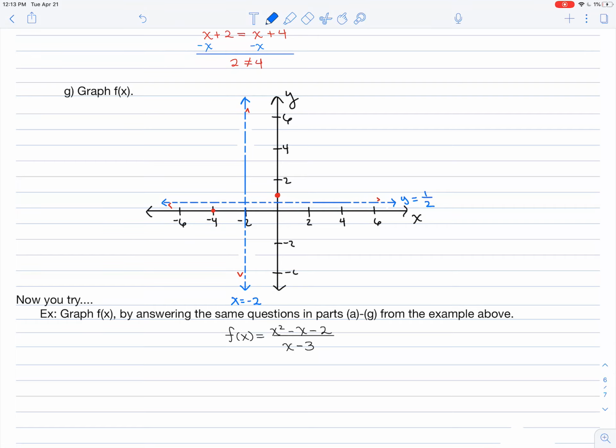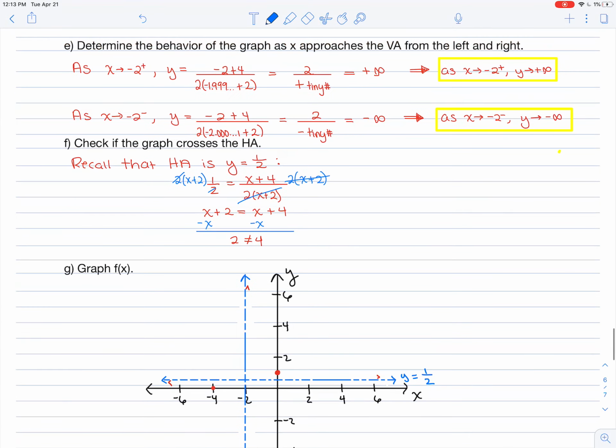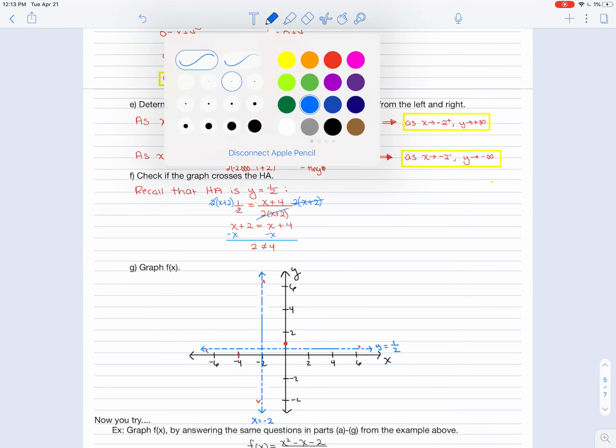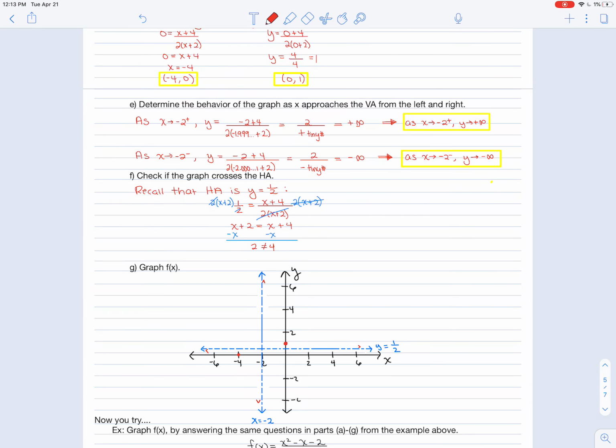I also drew our intercepts just so you know where our graph crosses. The y-intercept was (0, 1) and the x-intercept was (-4, 0). The next thing I'm going to do is see what happens to our graph as we get closer to -2 from the right.